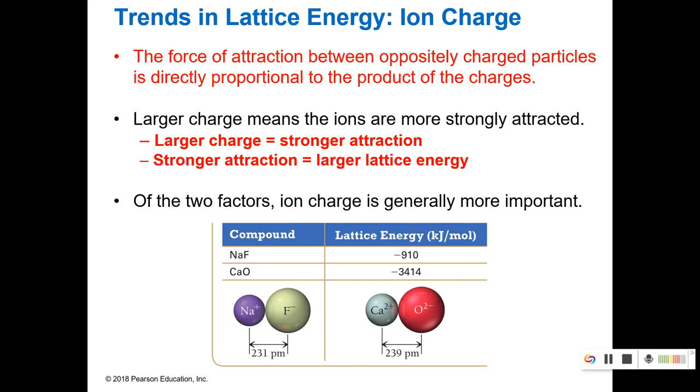Bigger charge means stronger attraction because there's more charge attracting them to one another. So a +2 -2 charge is going to have a stronger lattice energy than a +1 -1 charge, because bigger charges mean stronger attraction, which means larger lattice energy.